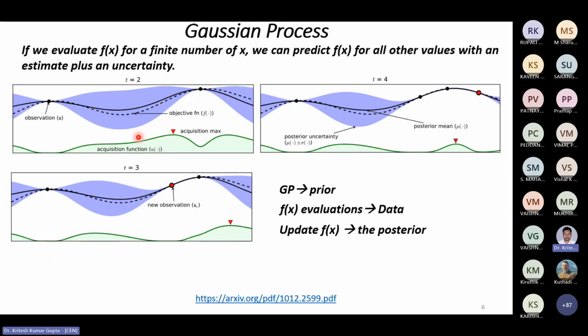Based on this acquisition function, we get the position where we need to explore. In the next observation, we have seen that this exploration gives us a better result, and the objective function and the mean function coincide over here. Again, it will give us some maximum acquisition function at some point, and that point will be explored, and based on that, it is further converged.